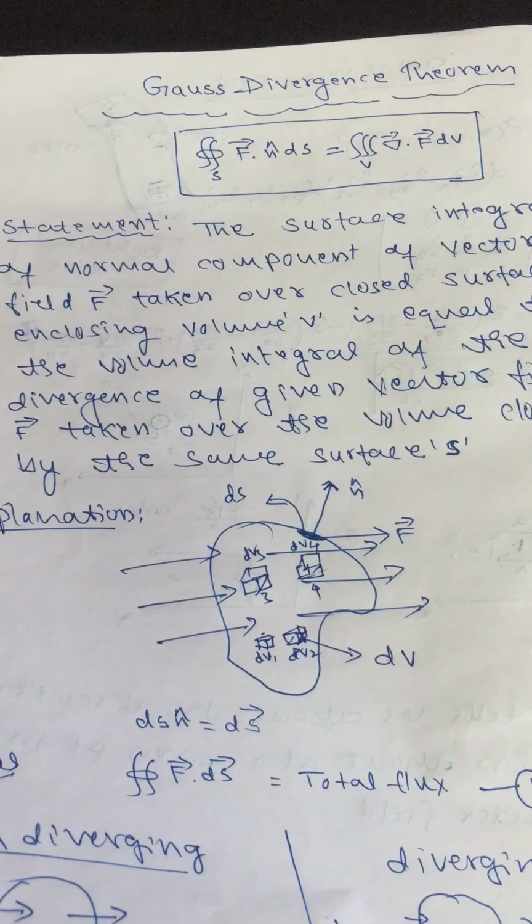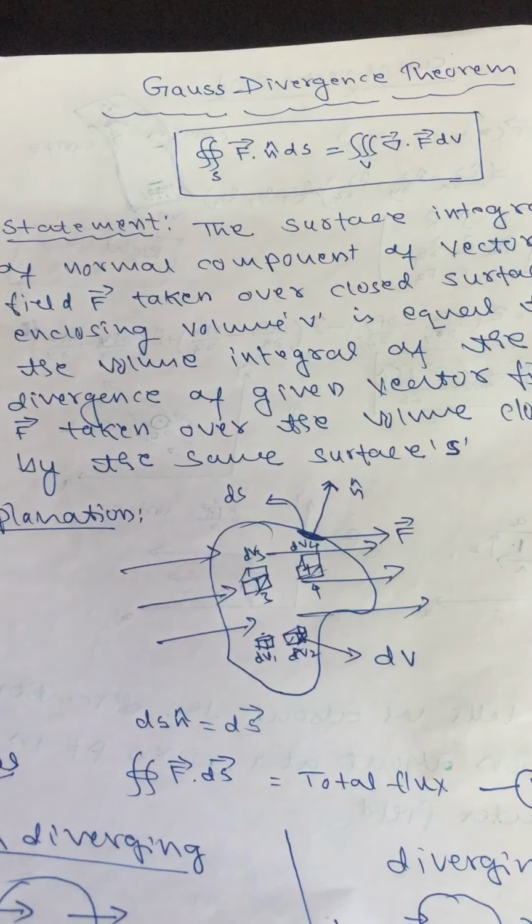Del dot F means divergence of a vector field, multiplied by volume. On the left hand side, F dot n cap dS: n cap is a unit vector, isn't it? Unit vector into area gives vector, so F dot dS. This is the mathematical way: surface integral is equal to volume integral and volume integral is equal to surface integral.